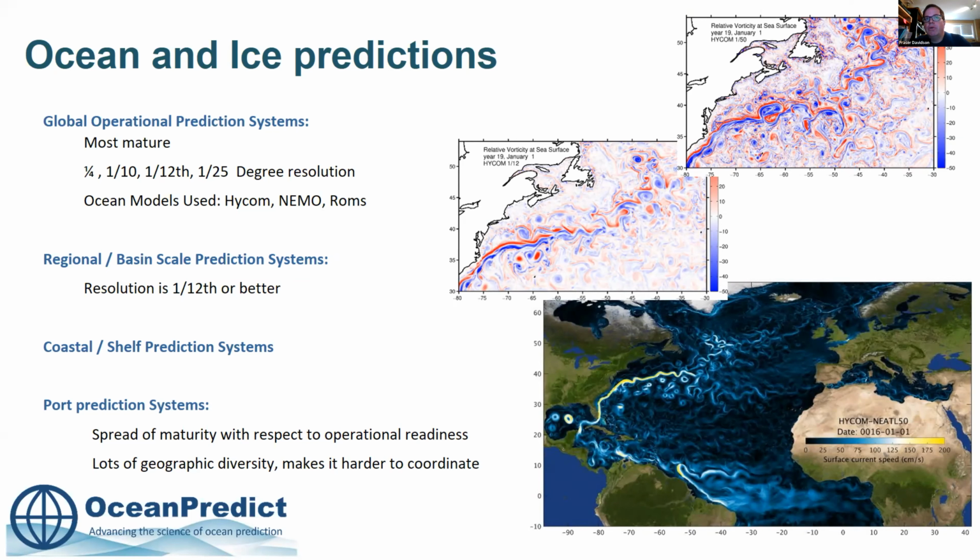And then we also go right down to port prediction systems, which really zoom into a particular port at very high resolution and provide a lot of intel for people approaching the harbor, etc. And Spain has an excellent network of 100 or so of those ports, and other countries are also starting to develop these port systems.